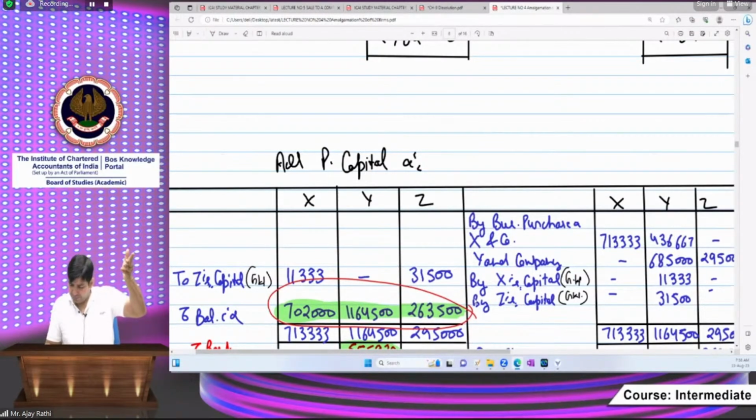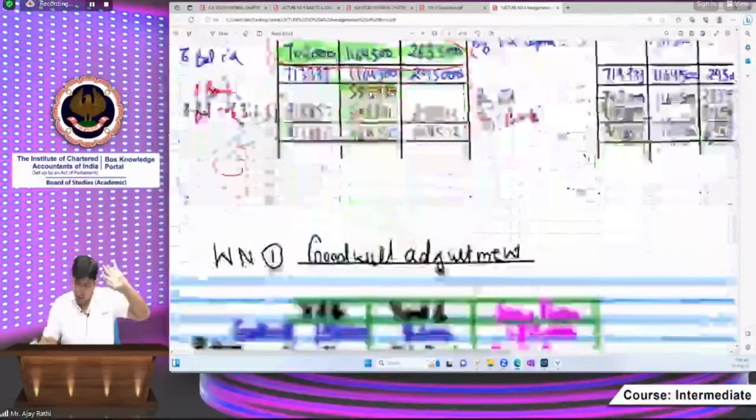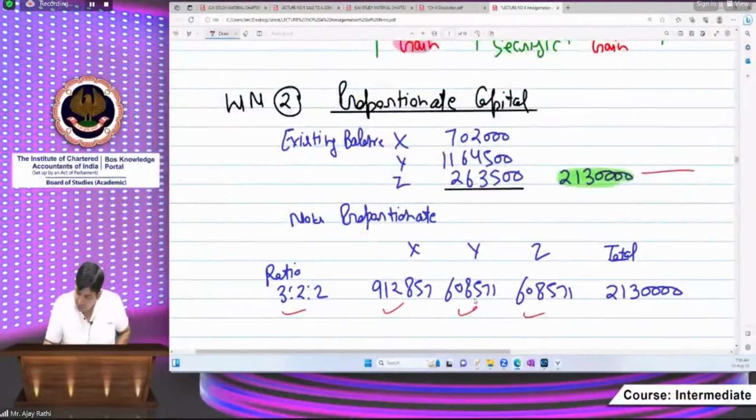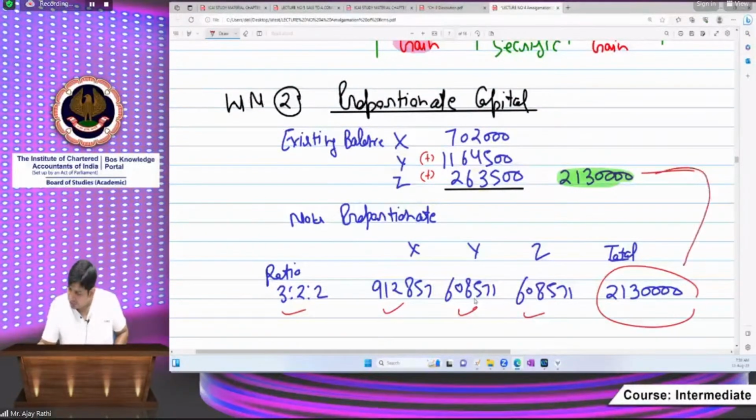I'm waiting. Anyways, I'm showing you here, beta. What we did here, we did total these plus these plus these. After that, we distribute such capital in the partners' new ratio. So we found out that these are the balances which we have to carry down.